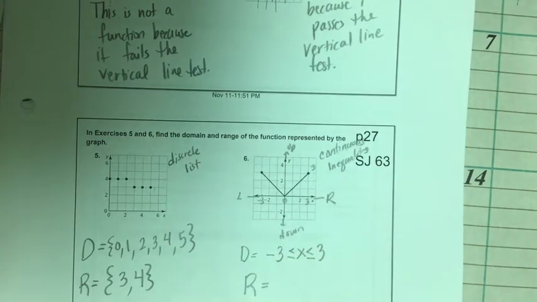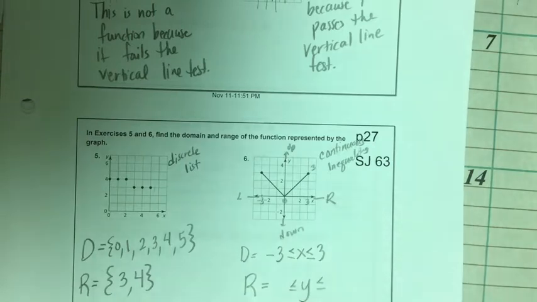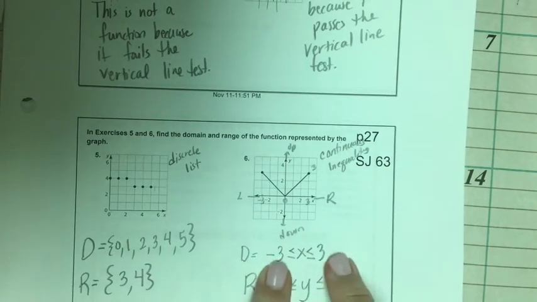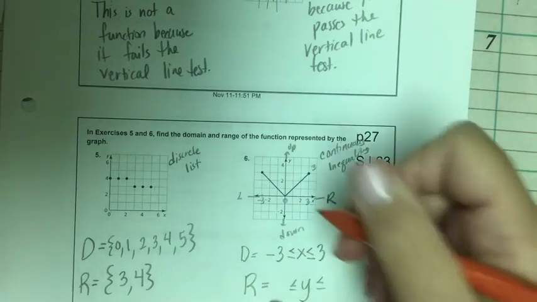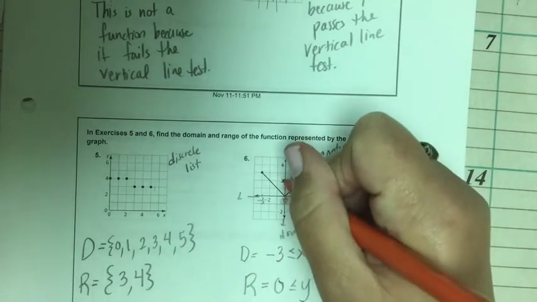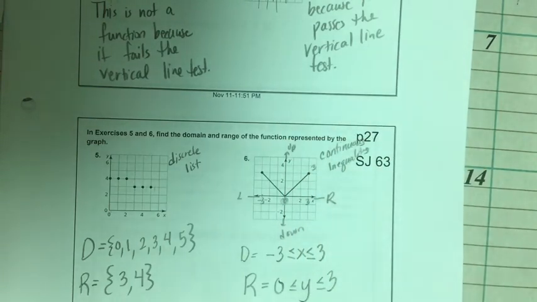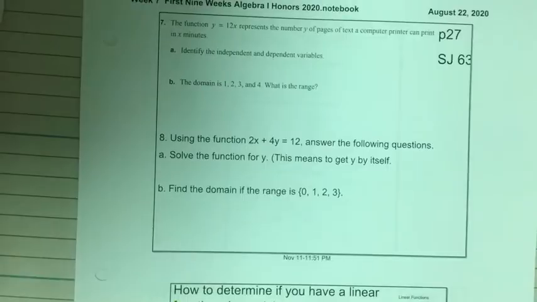For my range, I'm going to put y's. What's my lowest? Because these are smallest to largest, smallest to largest. What's my lowest y value? My lowest y value is 0. And what's my largest y value? 3. So that's my domain and range.